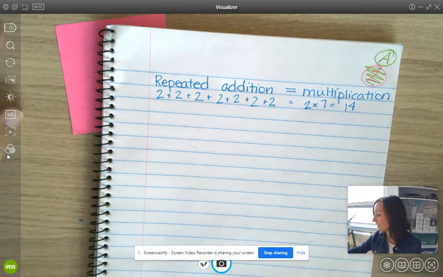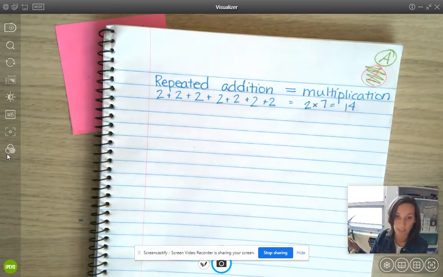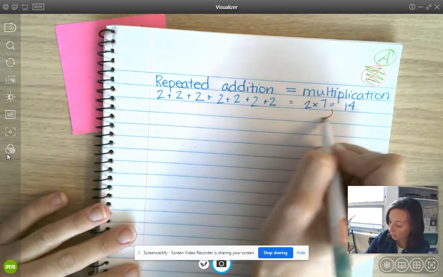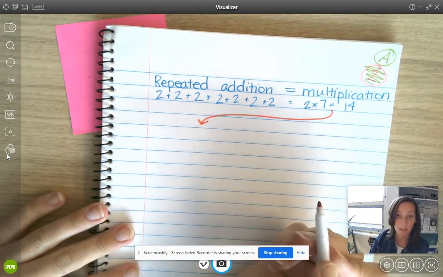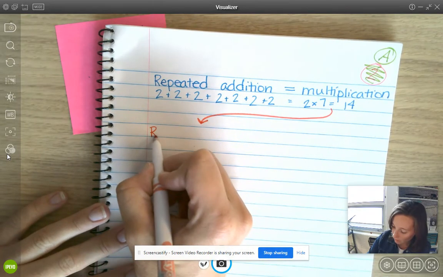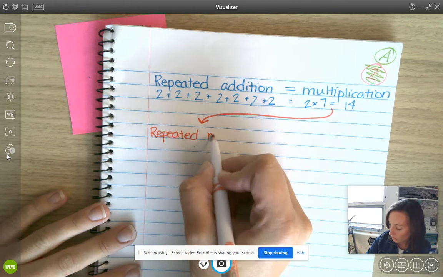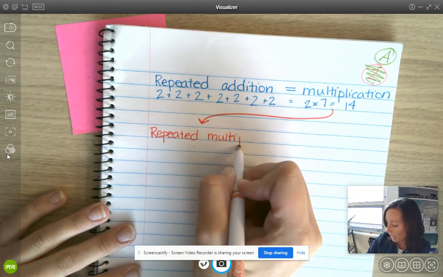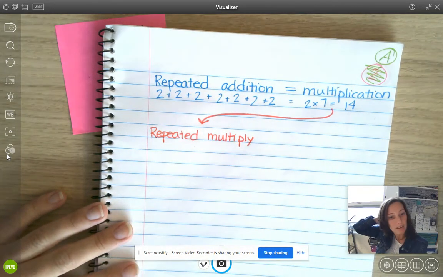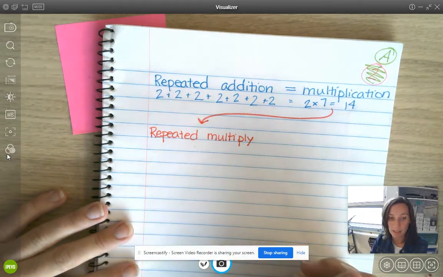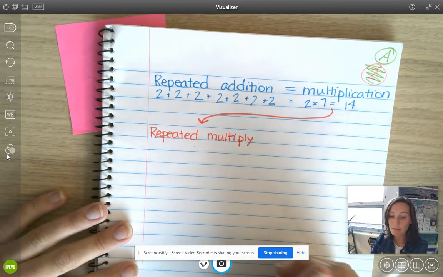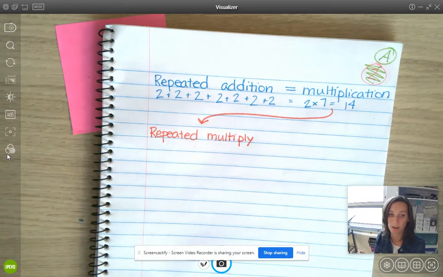We are doing the same kind of thing. You are leveling up, but this time you're repeatedly multiplying. So let's say I have some yeast and I'm making bread, and I tell you that every 5 minutes the number of yeast cells doubles.